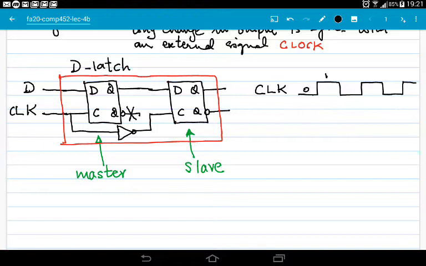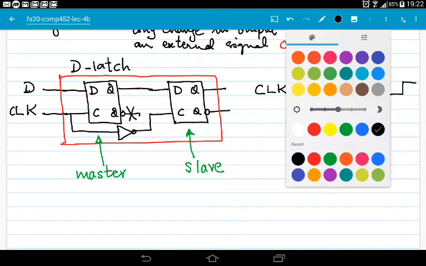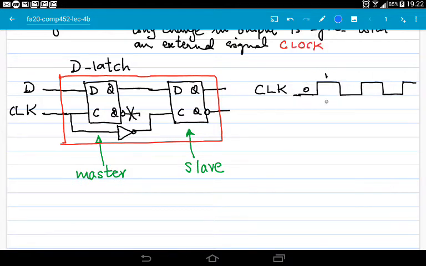Okay. So let's assume that we are at this point where CLK input is 1. So this means that this input is 1 and this is 0.